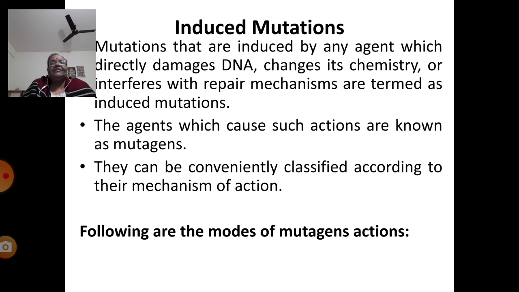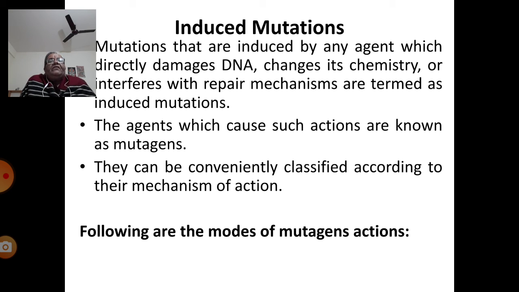Then the next category is induced mutation. Mutations are induced by any agent which directly damages DNA, changes its chemistry, or interferes with repair mechanisms. Such mutations are termed induced mutations.